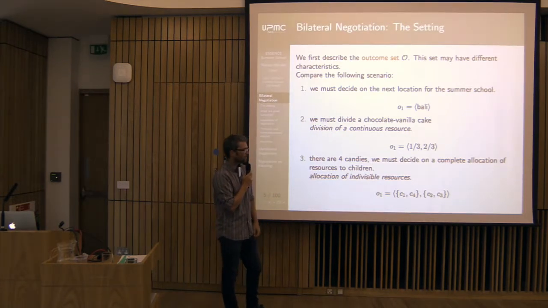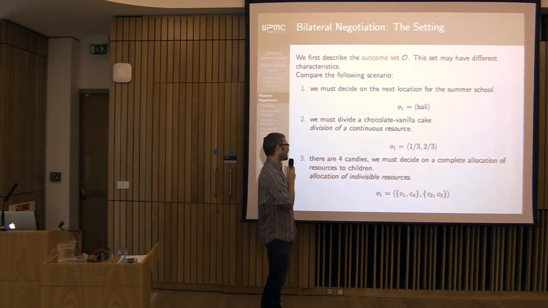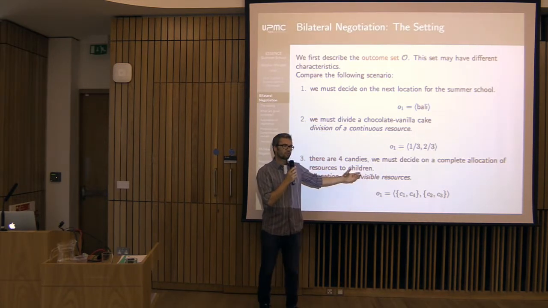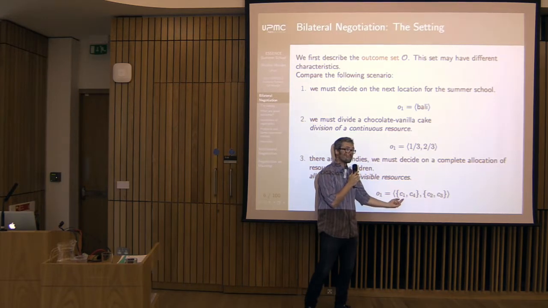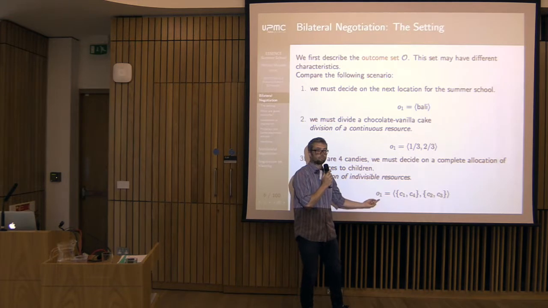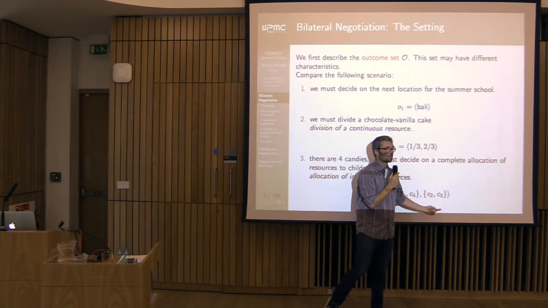Consider this third example. You have 4 candies, maybe of different colors, if you want to do it a bit more fancy. And you want to decide on the complete allocation of the resource to the different children. In that case, the outcome is to give a set of candies to the first child and a different set of candies to the second child.